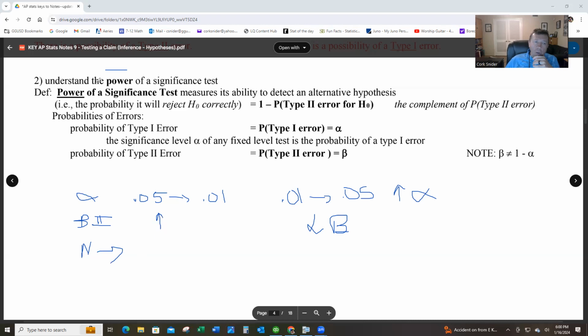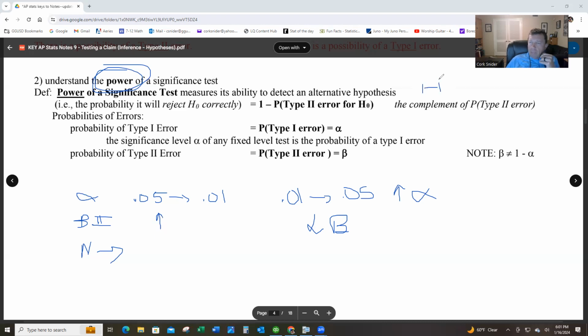The word power, back to the notes, is a test's ability to detect a false H0. The ability to detect a false H0 relies on a lot of things. Mathematically, it is the complement of a type 2 error, one minus beta.